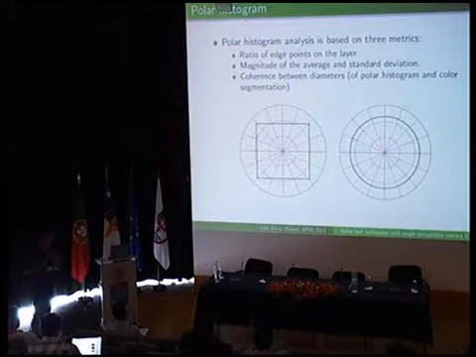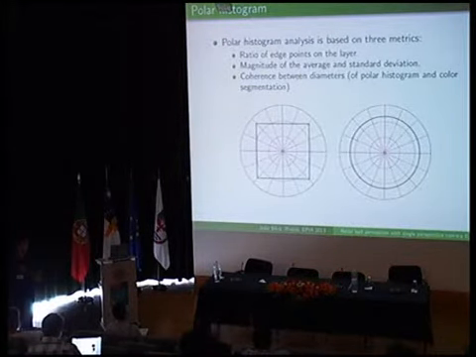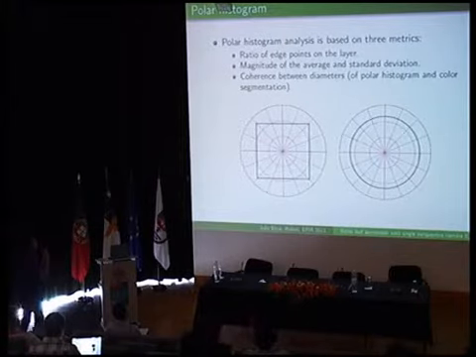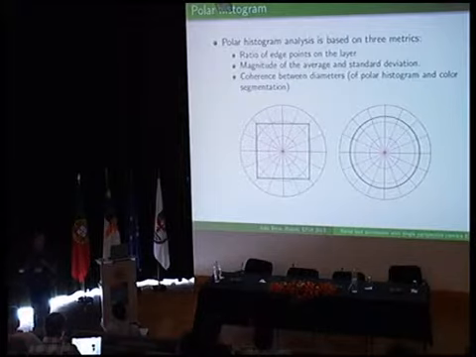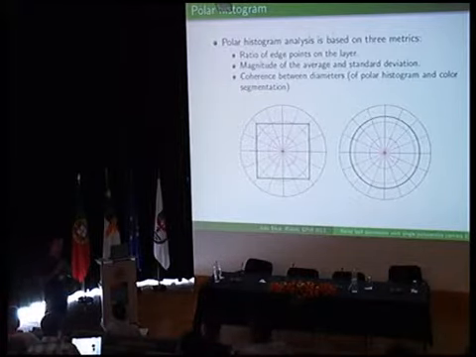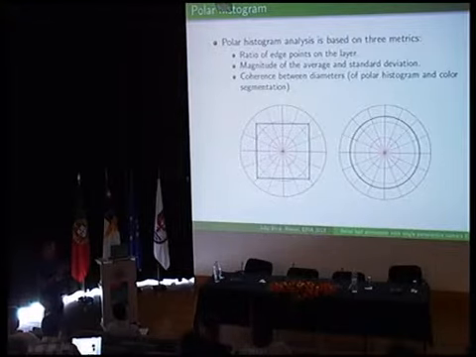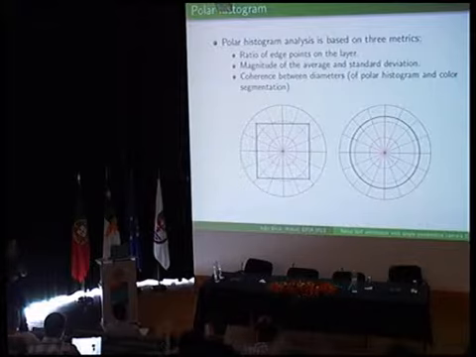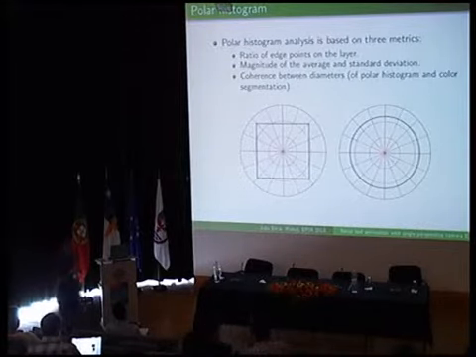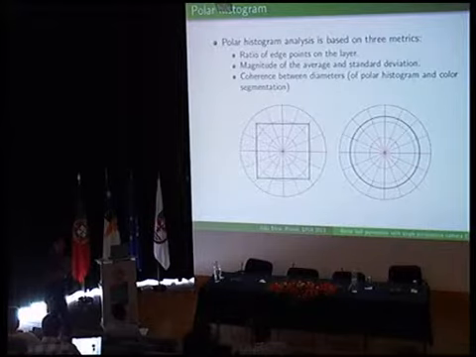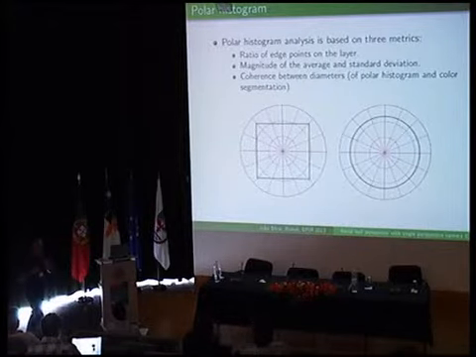But what is this second step of the global shape context? Well, it is basically an analysis of a polar histogram, which is based on 3 metrics. On the region of interest created, on that small image that we have, a contour detection is performed, and that contour is analyzed through the polar histogram.